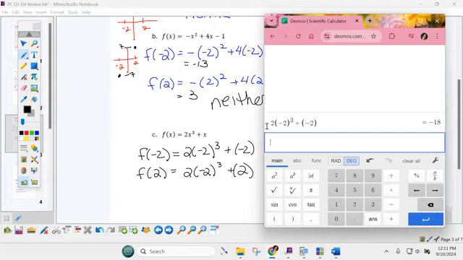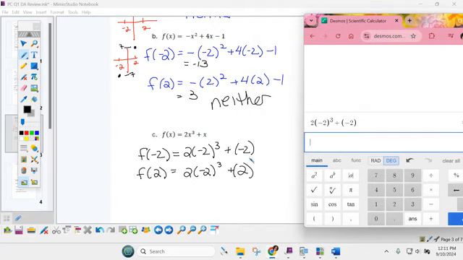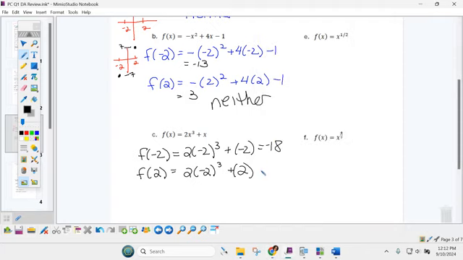Negative 18. Let's do the same thing. Oh no, Miss Weiss. I should be inputting positive 2. So this 2 coefficient stays. It's the input of x that I'm changing.